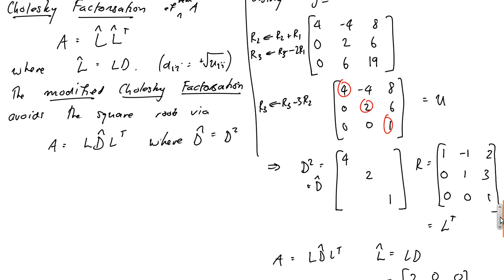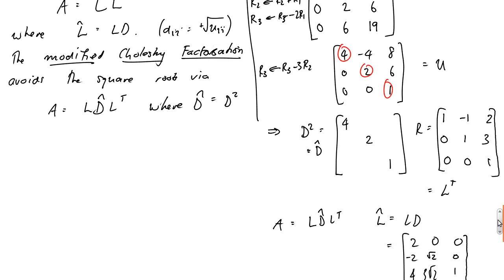Okay, so that's one way of computing a Cholesky factorization. There is in fact another method which does essentially the same thing but looks a bit different, and this is called the modified Cholesky factorization.